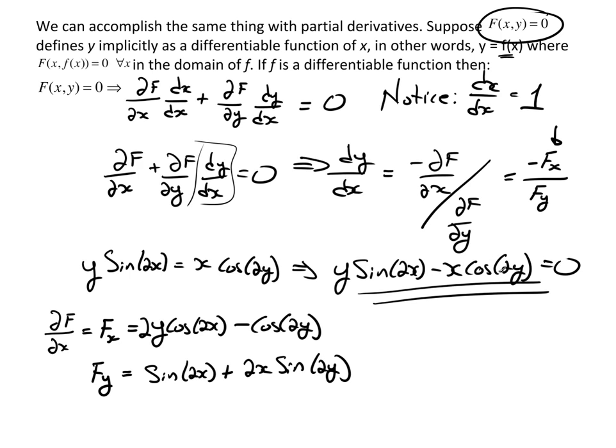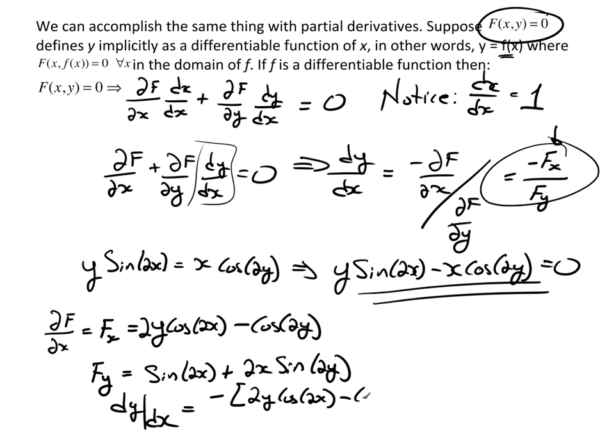So according to what we did up here, dy dx is the negative of the partial with respect to x, which is 2y cosine 2x minus cosine 2y, over the partial with respect to y, which is sine of 2x plus 2x sine 2y.